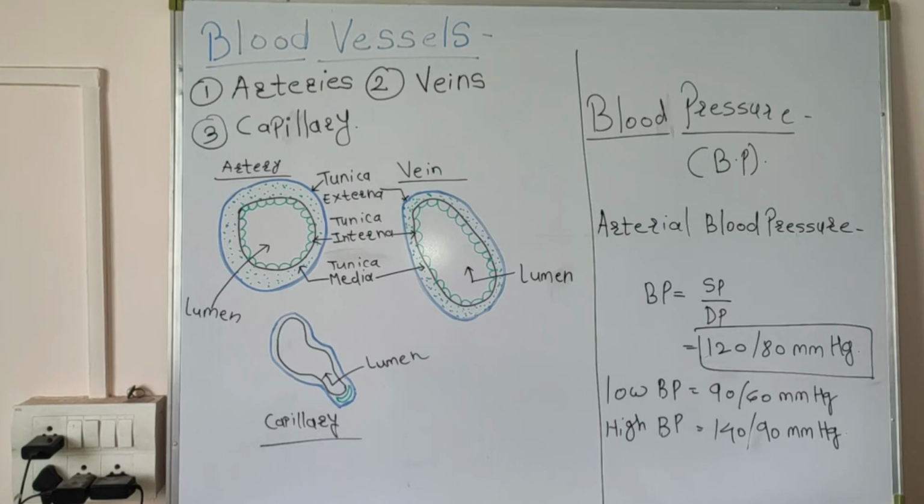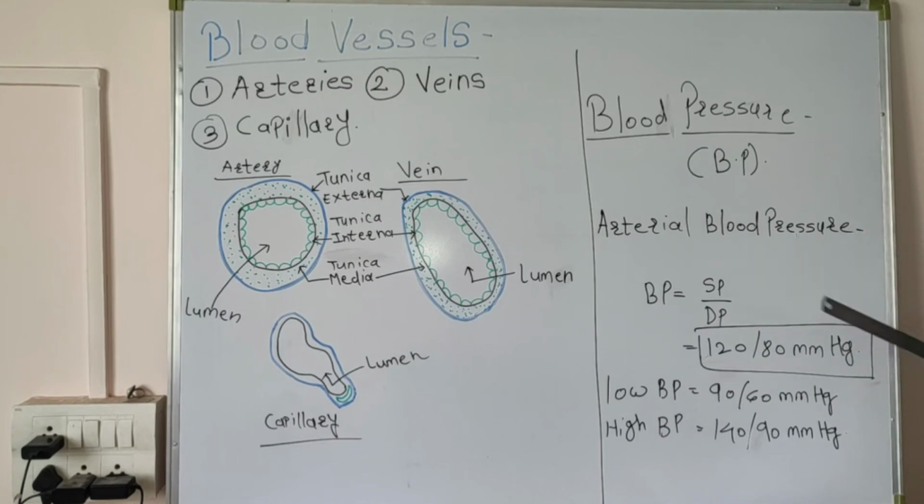When the arterial wall contracts, it is called systolic pressure, and when the arterial wall relaxes, it is called diastolic pressure.